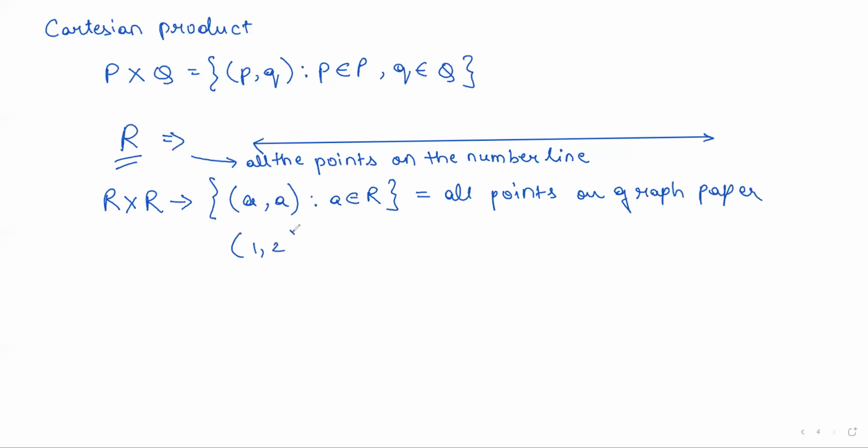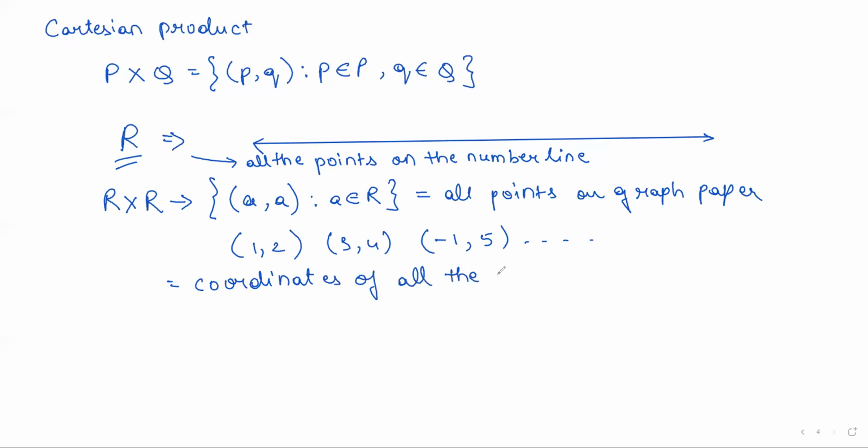For example, 1, 2, 3, 4, -1, 5, etc. There are infinite combinations. a is a real value. So all the points on a graph paper, or you can call these the coordinates of all the points in two-dimensional space.